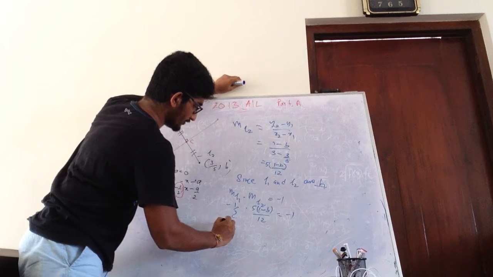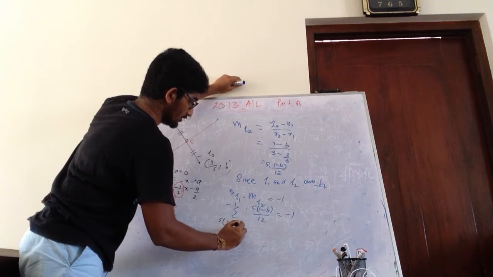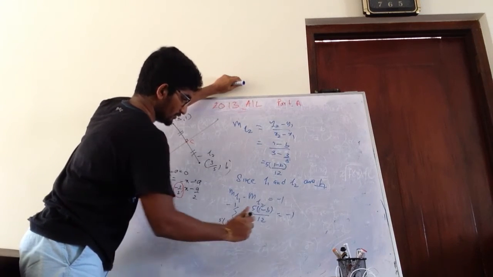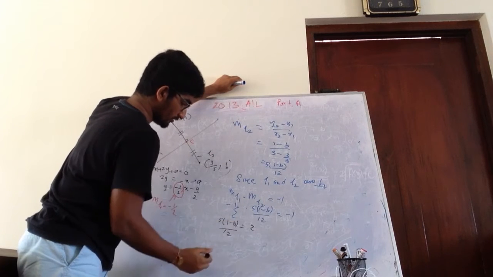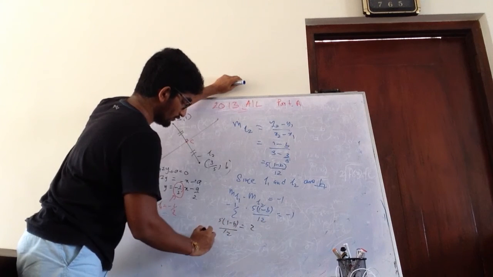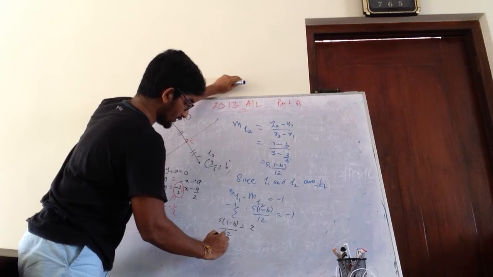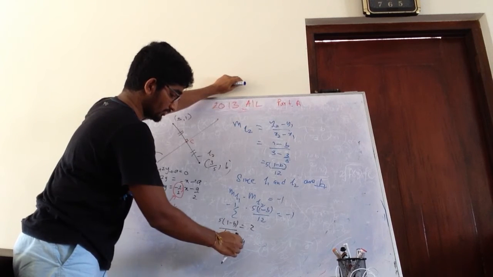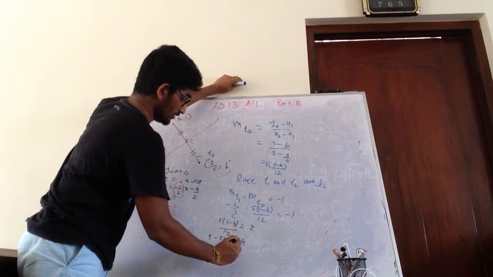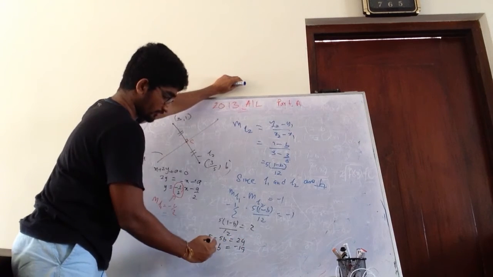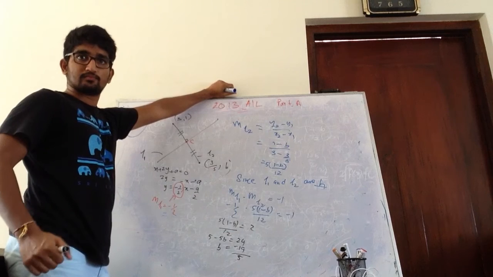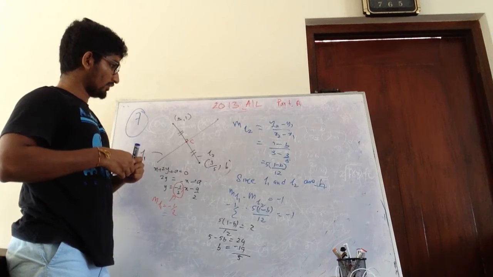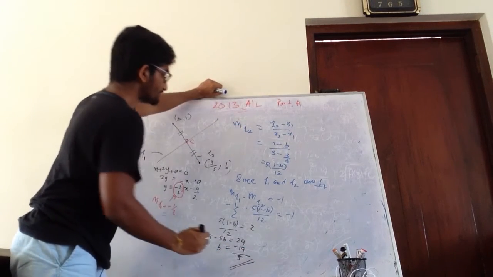So now 5 times 1 minus b over 12 is going to be 2. So I'm going to multiply this by 12, that's going to be 24. So 5 minus 5b is 24. So b is going to be minus 19 over 5. Right, so we found b.